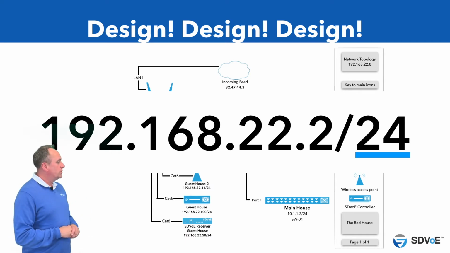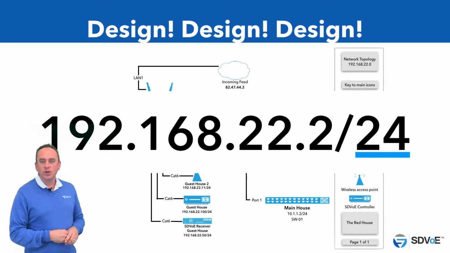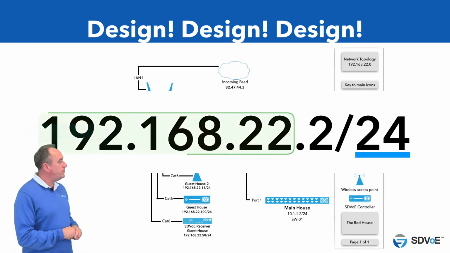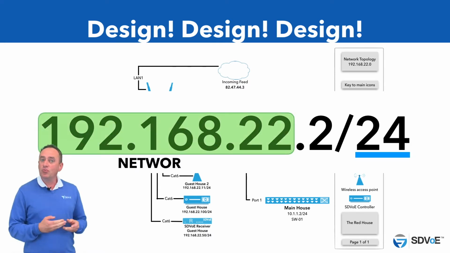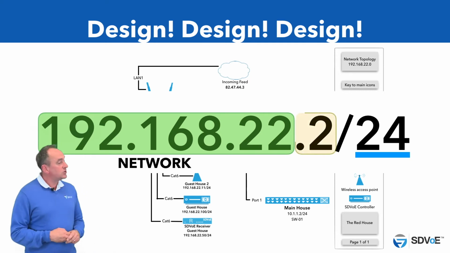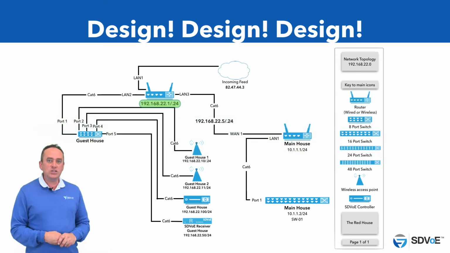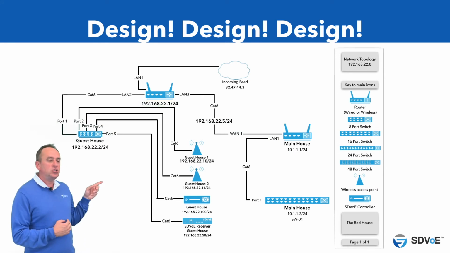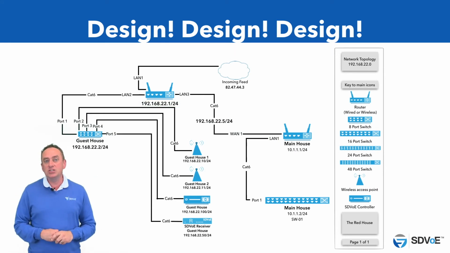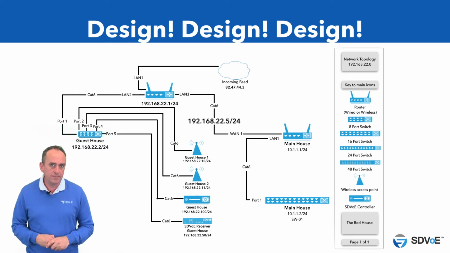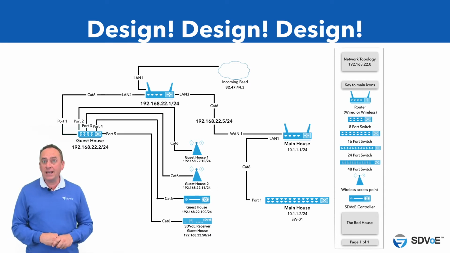In this example, the subnet is 24, which means the first 24 bits of the IP address relate to the network and the last 8 bits relate to the host address. As you follow each connection on the network topology, it should be clear which IP address is used for each host along the way, as well as which port the connection is using on each host.